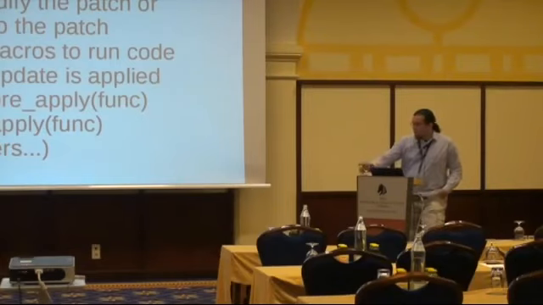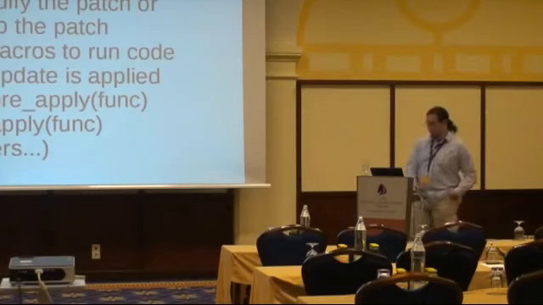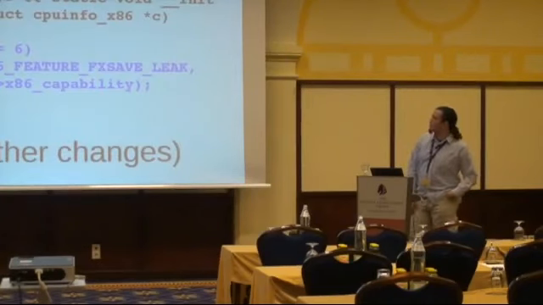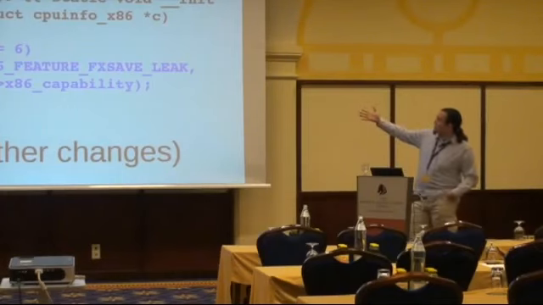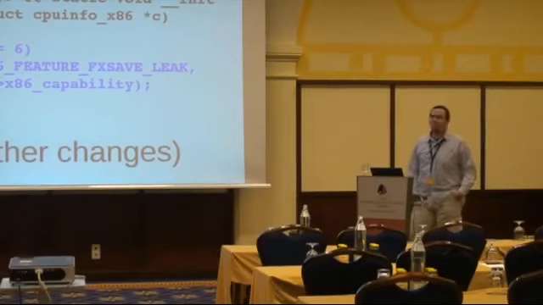So let's look at an example of a CVE patch that we've looked at that needs this kind of transformer. This is the first example I talked about. This is a patch, CVE-2006-1056, that had to do with the initialization of a capability bit on AMD processors of a certain generation.